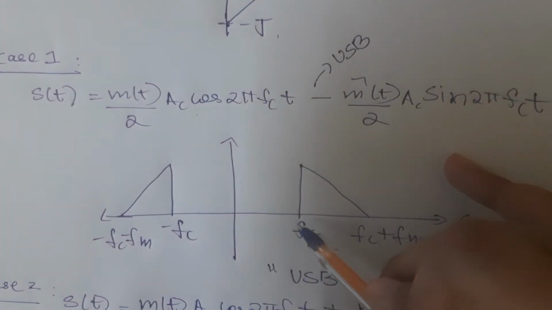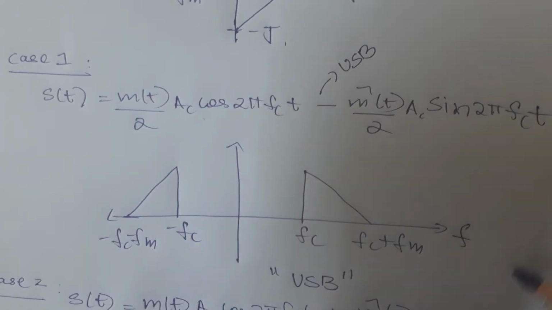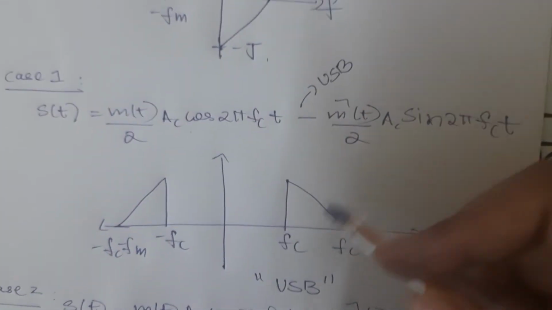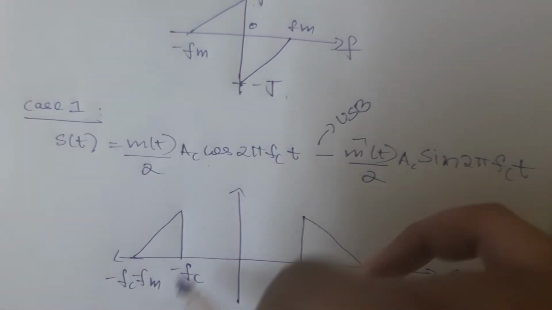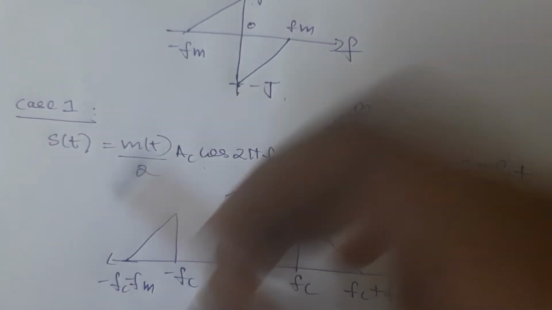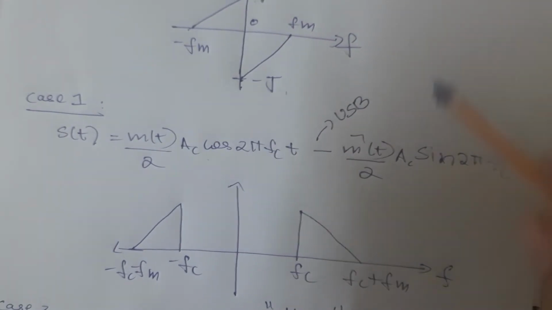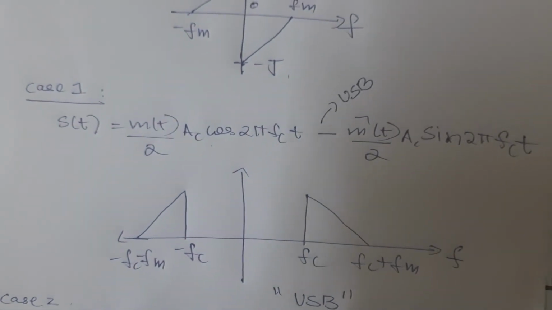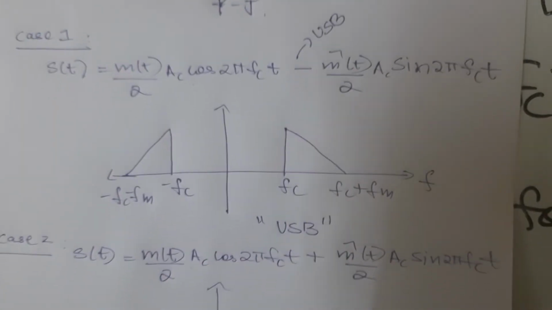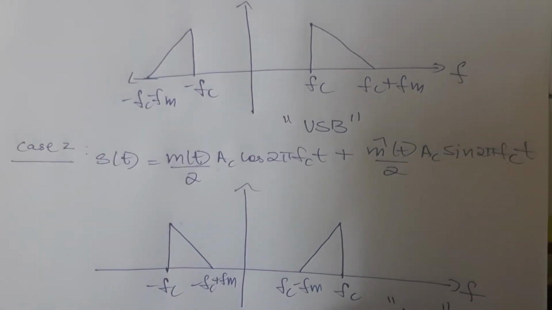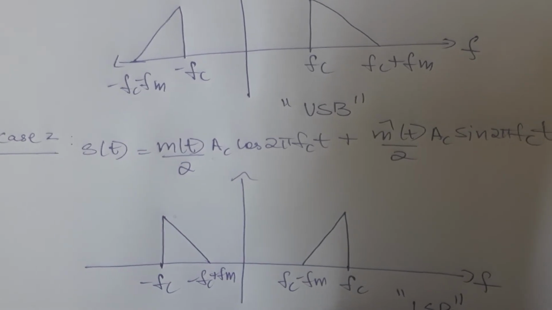From the center frequency Fc to Fc plus Fm. Same way on the negative side, from minus Fc to minus Fc minus Fm for upper sideband.